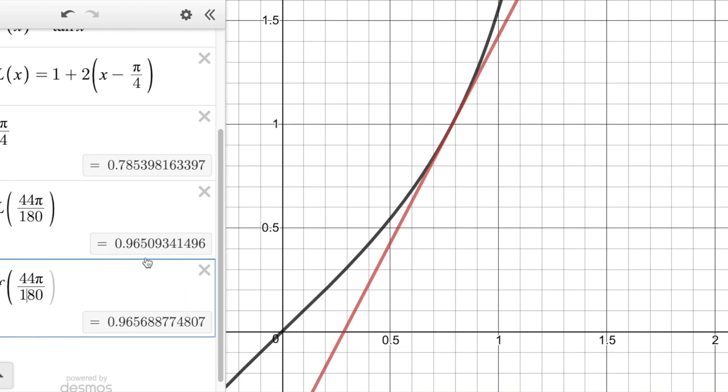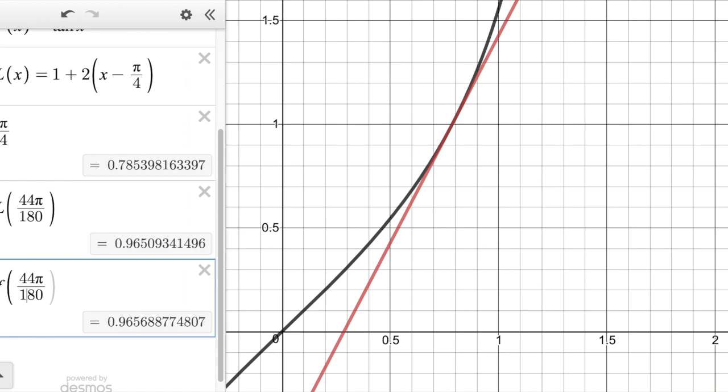I'm very close, actually, on this one, to 2 decimal places, because this would round up to 0.97. Actually, it will be 0.966, and this is 0.965. But it's a fair approximation.